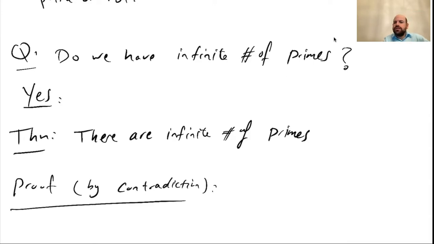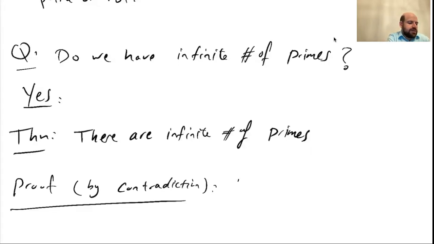So we want to show there are an infinite number of primes. In proof by contradiction, we have to assume that what we want to show is wrong. So if what we want to show is wrong, then that means there are finitely many primes, because we want to show there are an infinite number of primes.